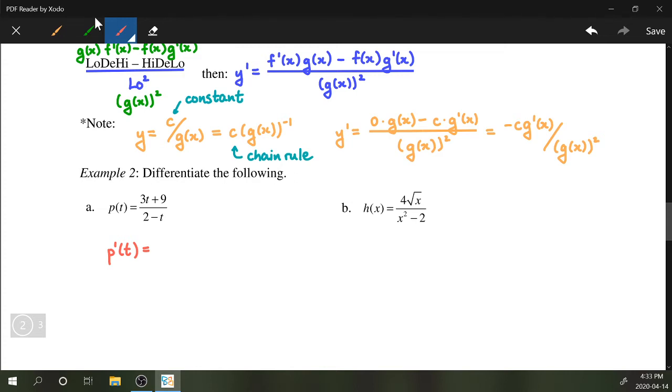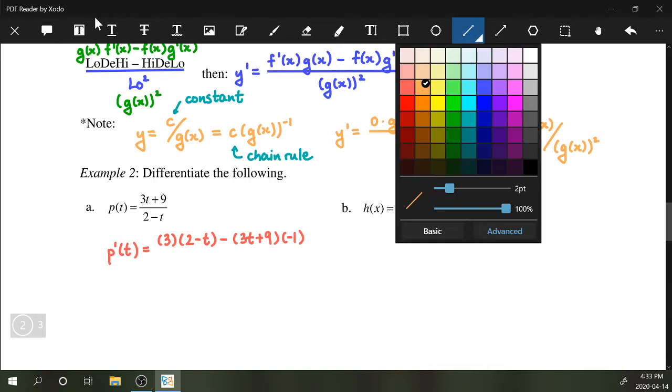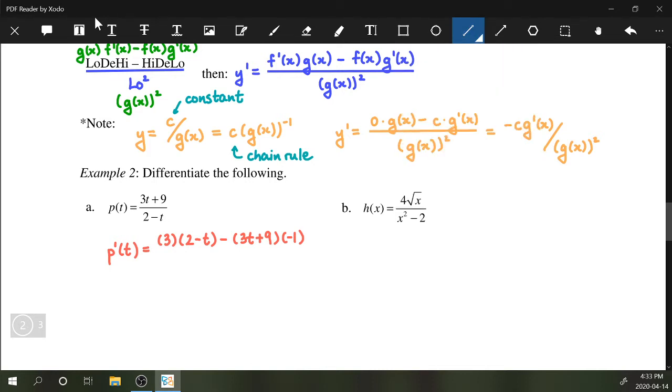We will take the derivative of the 3t plus 9, which of course is just 3. And then the denominator is 2 minus t. And then minus 3t plus 9, and then the derivative of 2 minus t is just negative 1. And this will be all over 2 minus t squared.